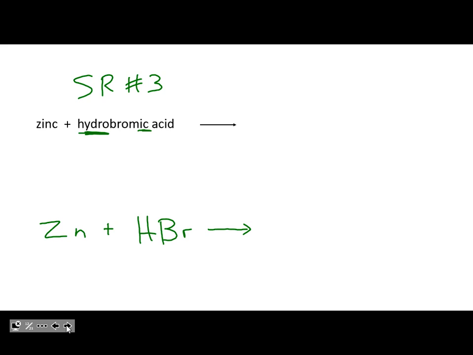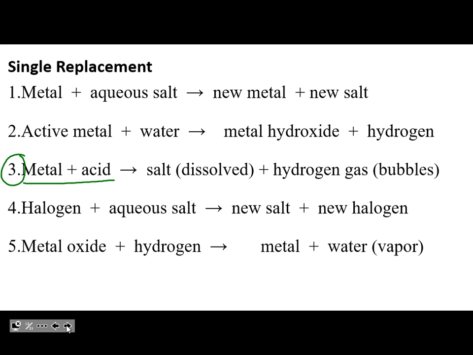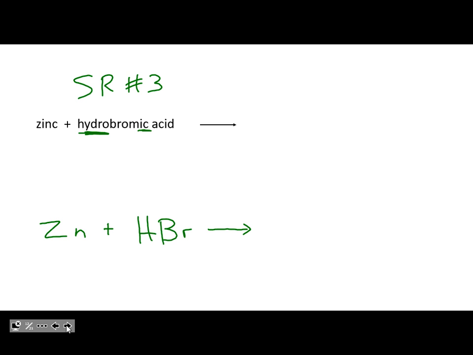And what we have is we're getting a new salt and hydrogen gas. Okay? A new salt and hydrogen gas. So, as I look back here, I once again have to go to my activity series.